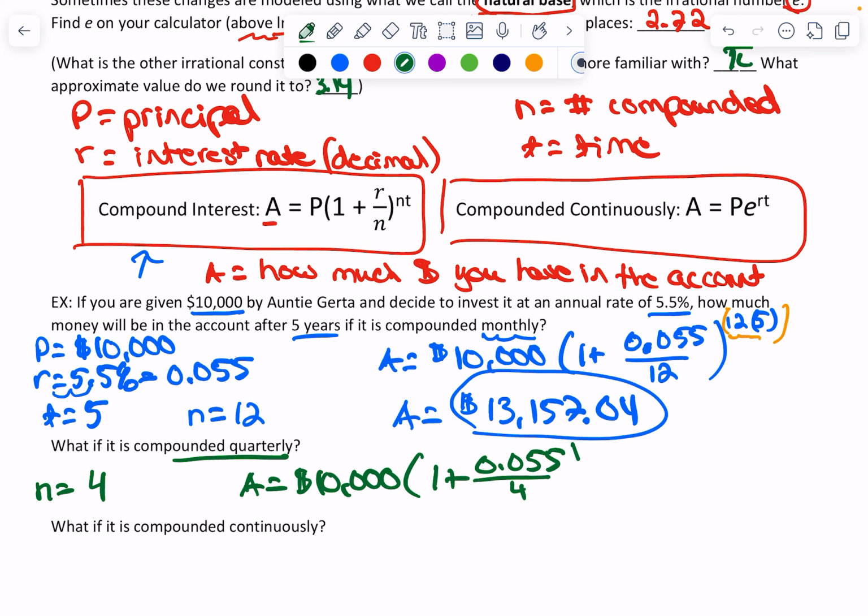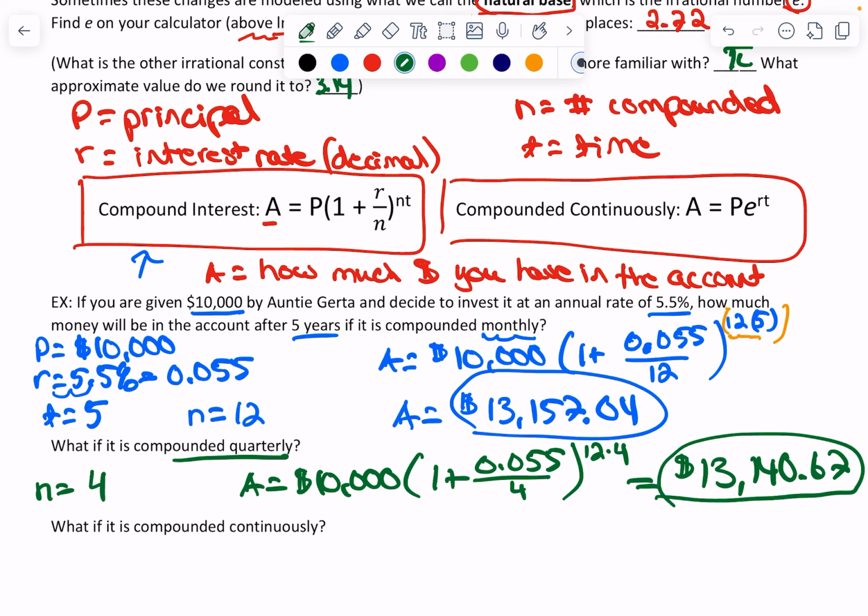That's where it changes, to the power of 12 times 4. And when we do this calculation, we get $13,140.67. Notice the difference already with those amounts. I mean, it's $17, but still.